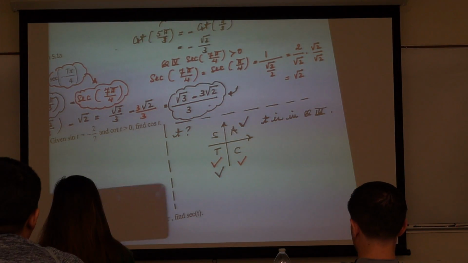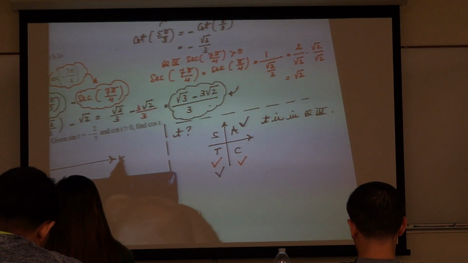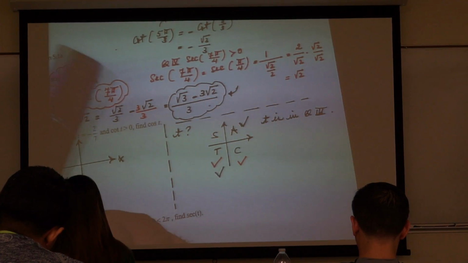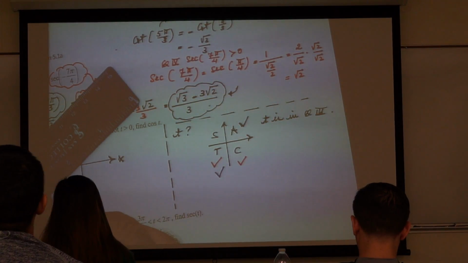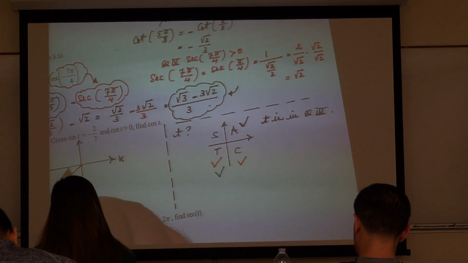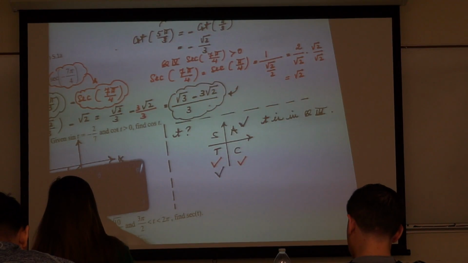Alright, I think now we can try to do something. Here is x and here is y, and t is, I don't know, right here. We go by the reference angle. This is t. Now it's time for the diagram.